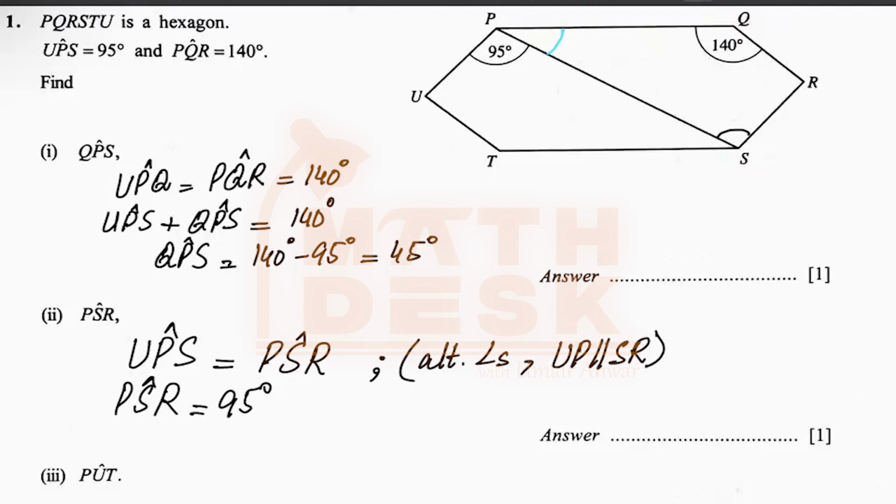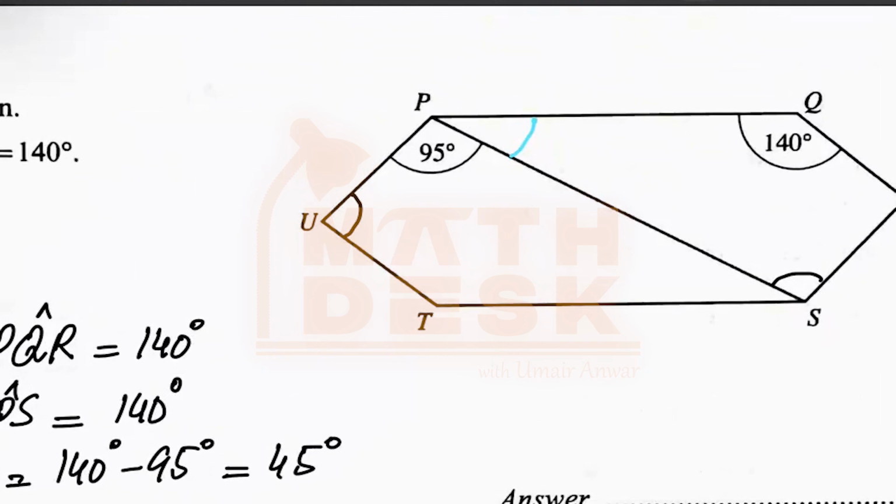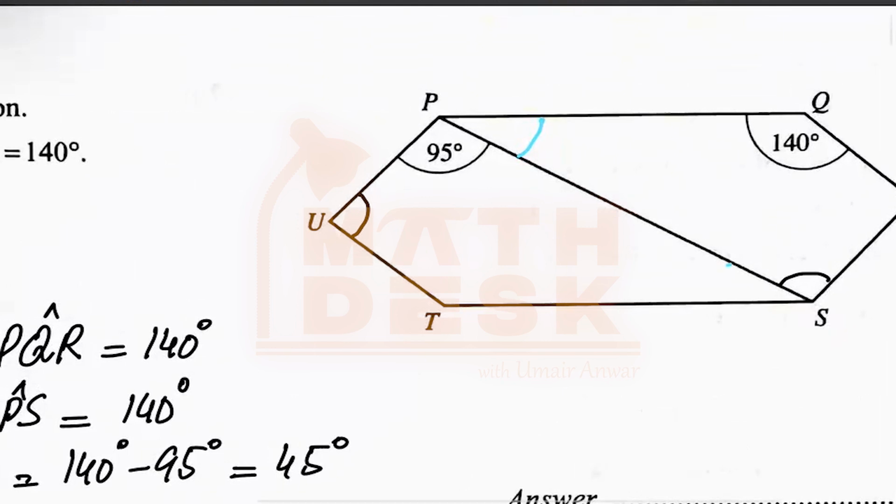The next thing we need to find is PUT, this angle, which is TSP. It is going to be equal to, as an alternate angle of this angle, this one is also going to be equal to 45.